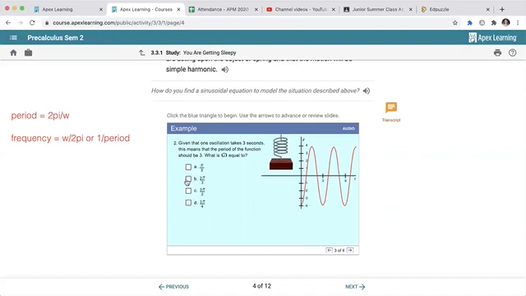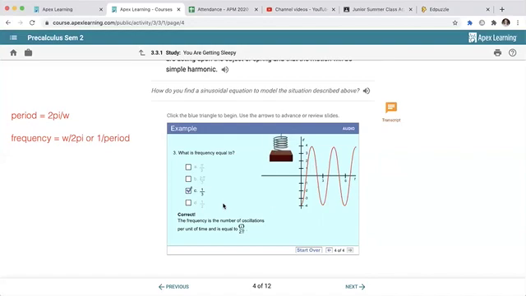So it should be 2 pi over 3. And what is our frequency equal to? Our frequency is equal to the inverse of that, so our frequency is 1 over our period. So it should be 1 over 3.